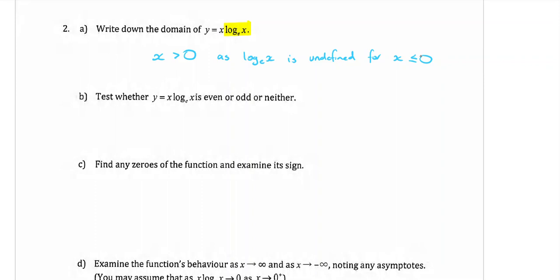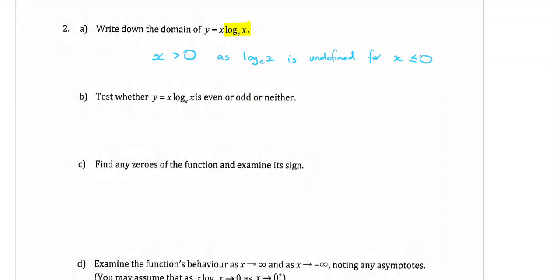But there's a problem. Our logarithm does not exist for negative values. We've just talked about that in part A. So if it doesn't exist for negative values, I can't have a part of a graph down here being reflected, right?